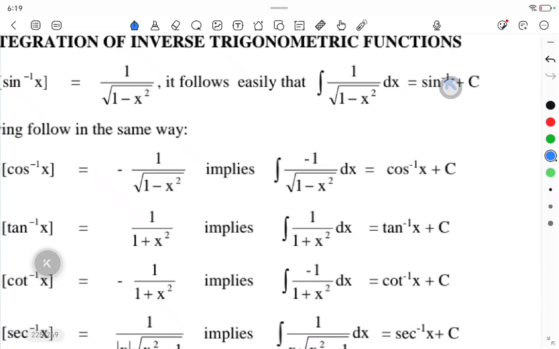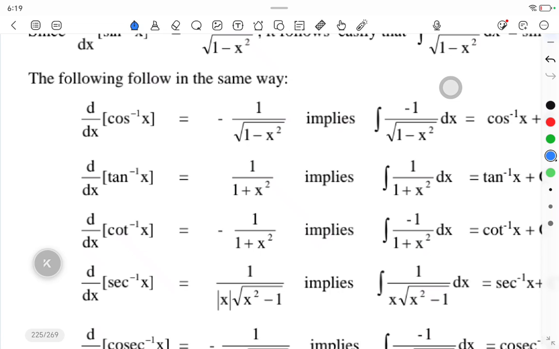Now, for the arctan, already we know that it's going to be 1 over 1 plus x squared.